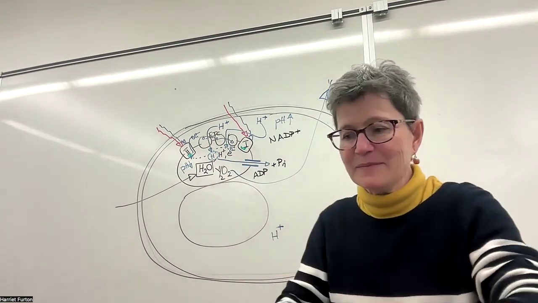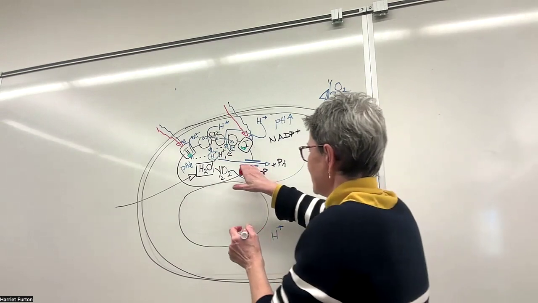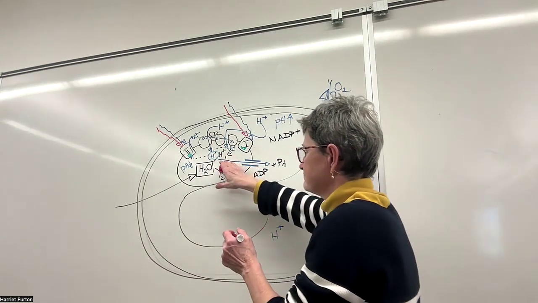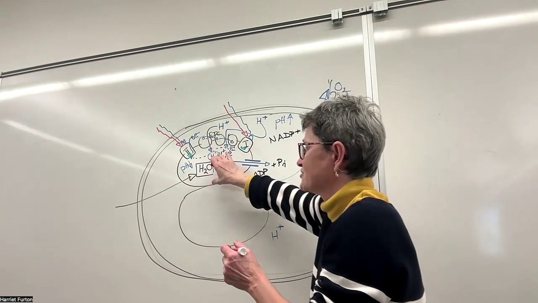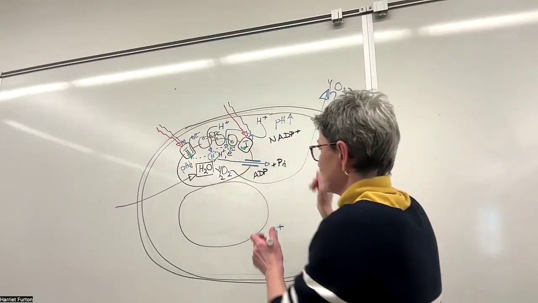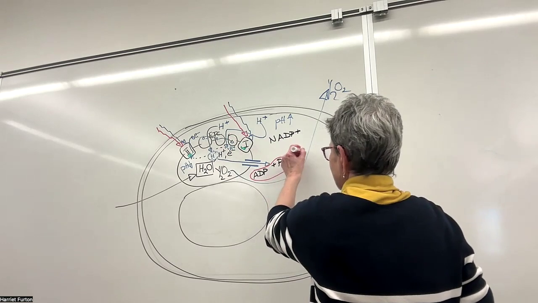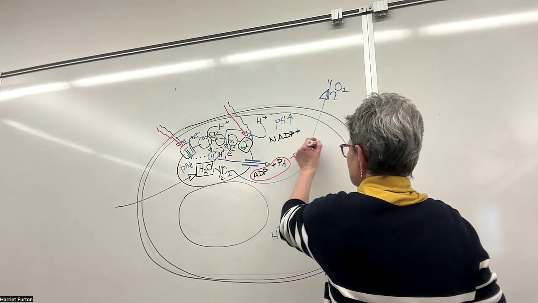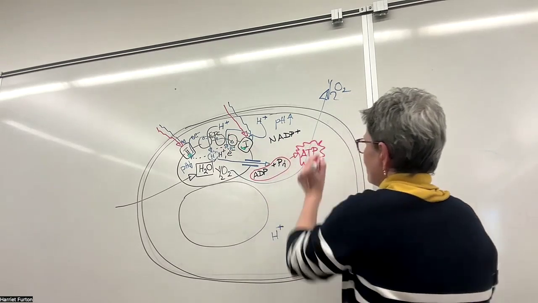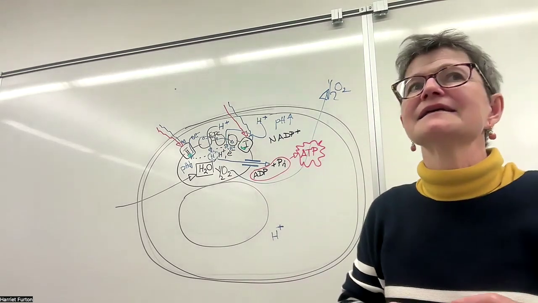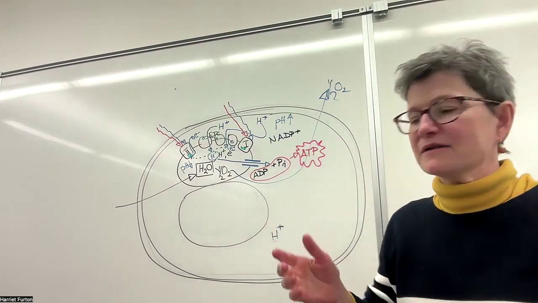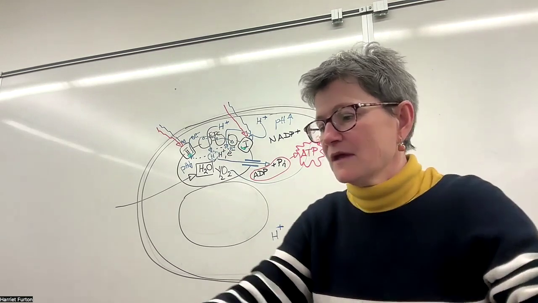And as the ATP synthase is driven by the hydrogen wanting to go from a high concentration to a low concentration, it fuses these together to make ATP. This will be super important for the light independent reaction. Okay, good.